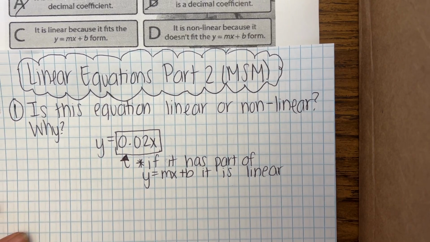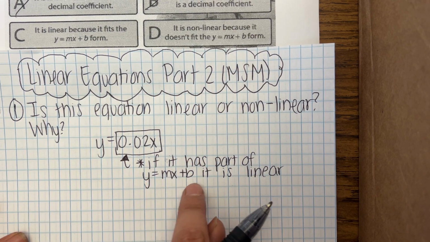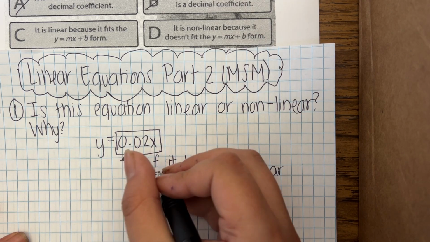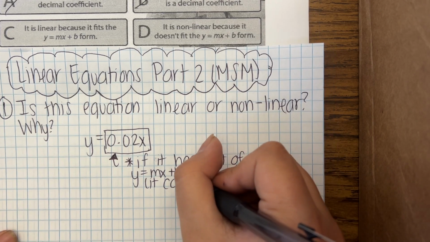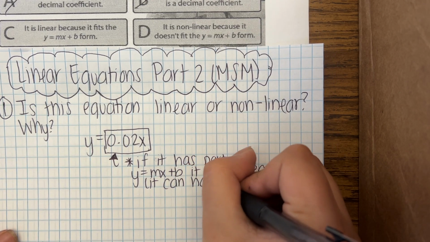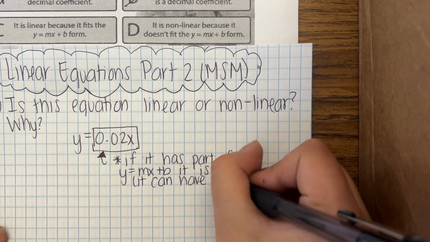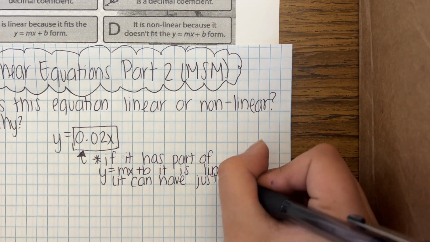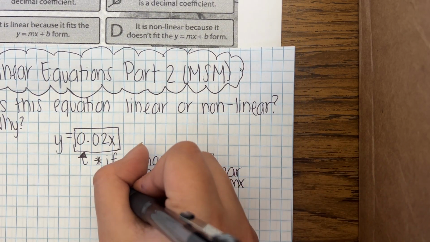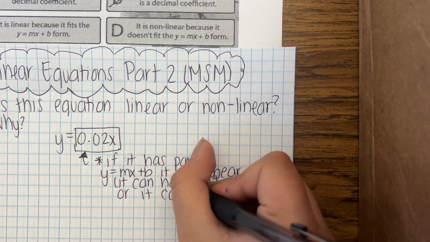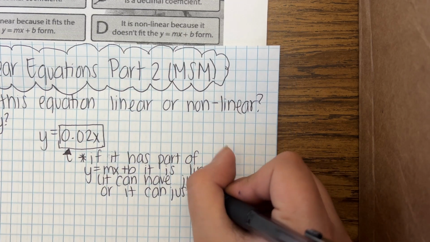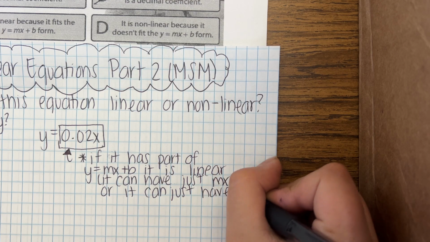So it can have both parts. It can have the y equals mx plus b, or it can have just mx, or it can just have b.